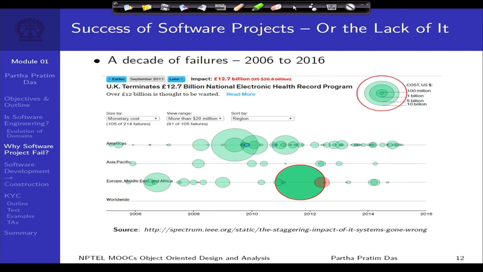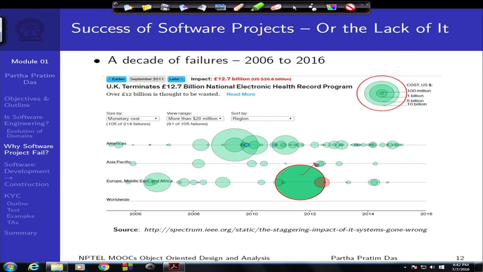The selected one that you can see here is actually a 12.7 billion pound project, which had to be terminated by the UK government around the middle of 2011.